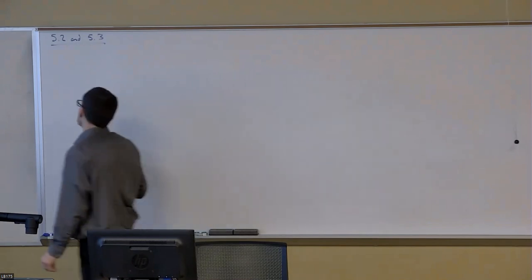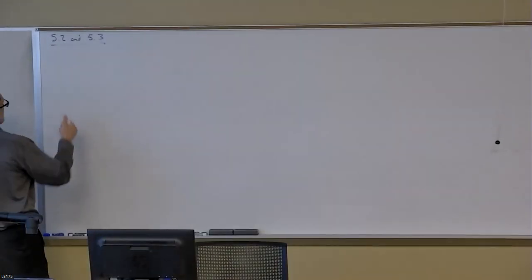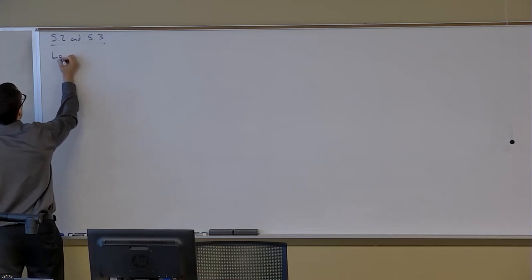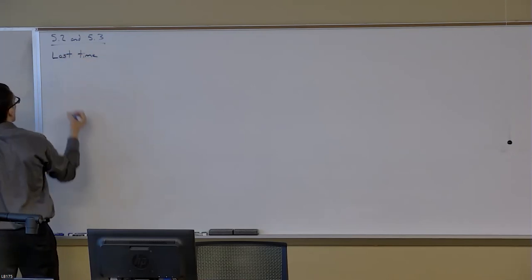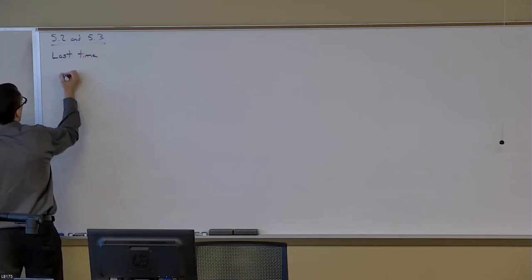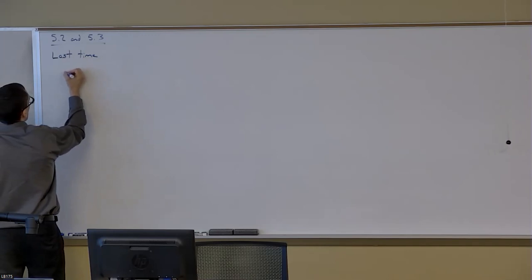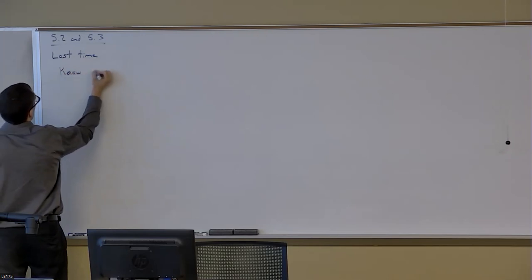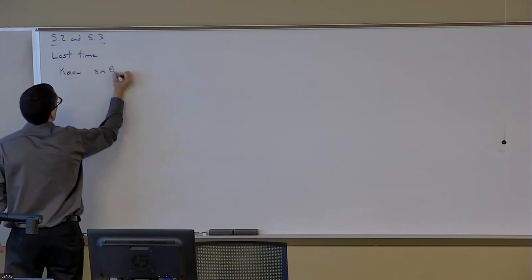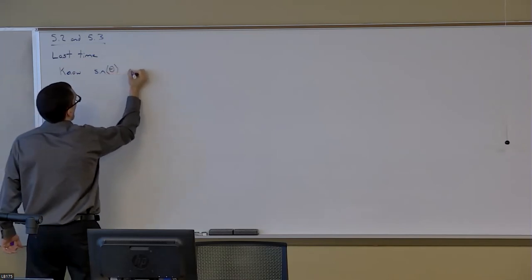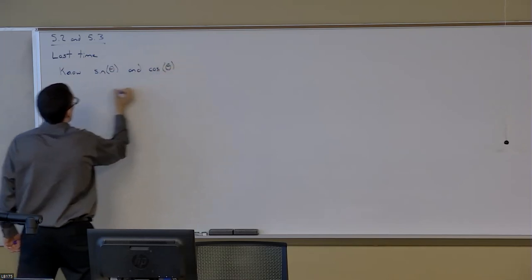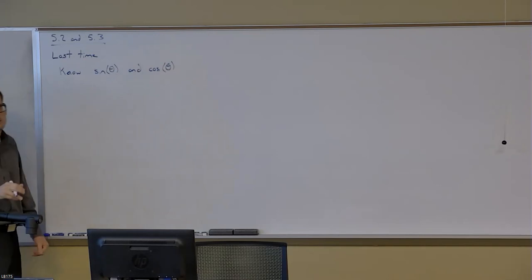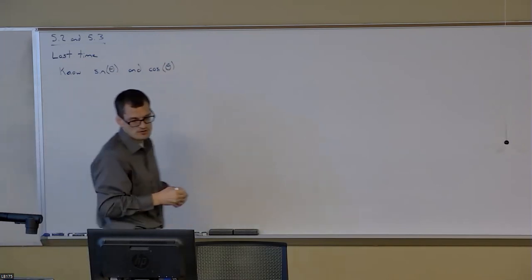And the last thing that I was writing on the board, we figured out that, well, we know where sine of theta and cosine of theta come from in terms of the unit circle.